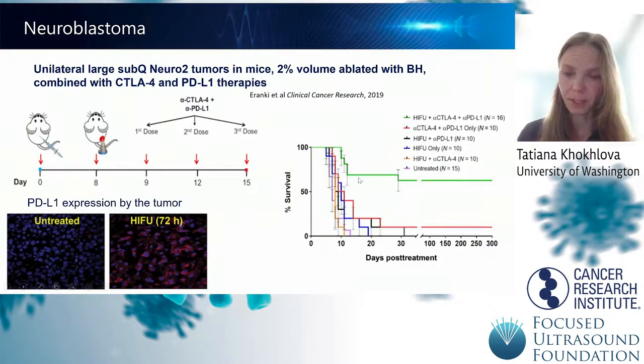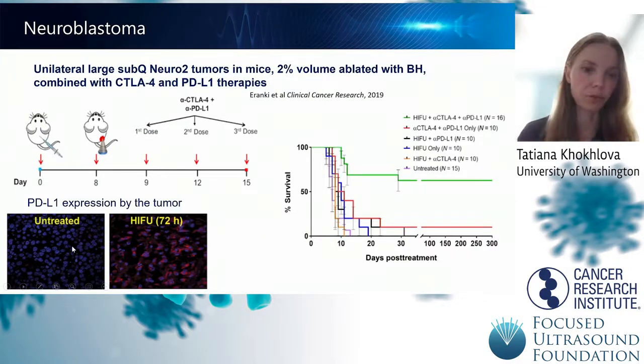And this graph shows the percent survival of the mice with all the different permutations of treatment groups. And it can be readily appreciated that only the group that combined all the treatments together had substantially improved survival, and HIFU alone did not produce as much of a survival benefit, which only makes sense if we look at PD-L1 expression by the tumor 72 hours after HIFU.